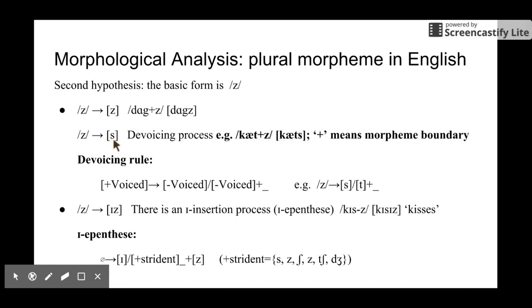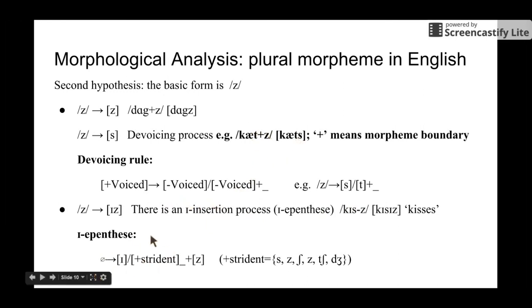Then we have to come up with a devoicing rule because we want to change Z into S, right? So the rule can look like this: voiced becomes voiceless when it follows a voiceless sound. Okay, so in this case, Z becomes S when it follows a voiceless T sound, right? Then we can derive these cats.